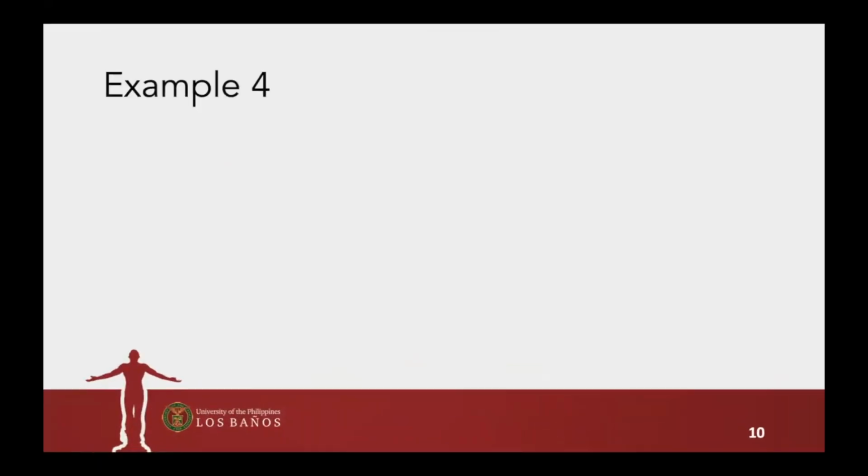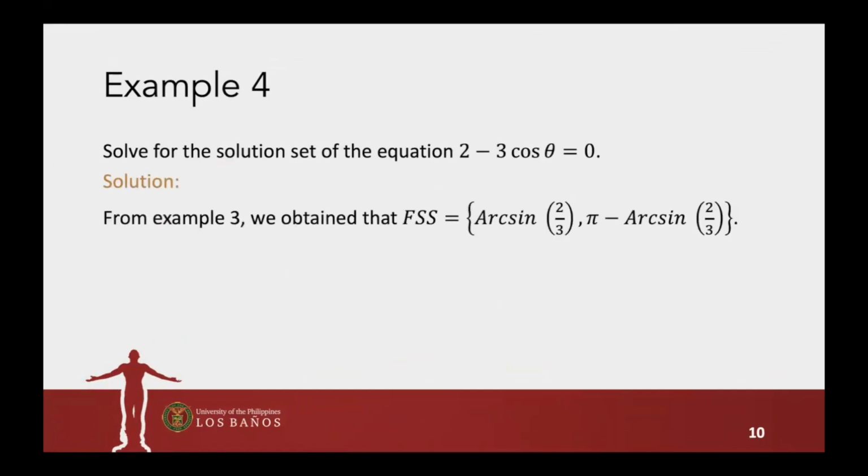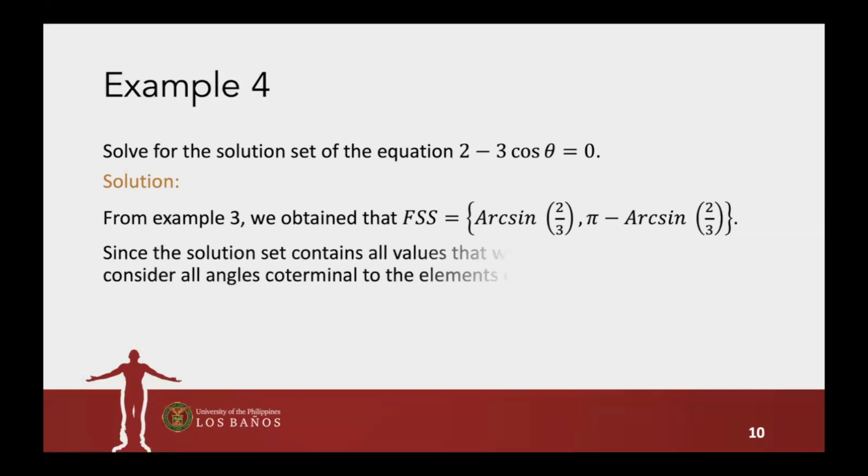So what if we need to get the solution set of the same equation? We have already solved from example 3 that the FSS is arc sine 2/3 and pi minus arc sine 2/3. So, following example 2, all we need to do to obtain the solution set is to add 2n pi to each element of your fundamental solution set.